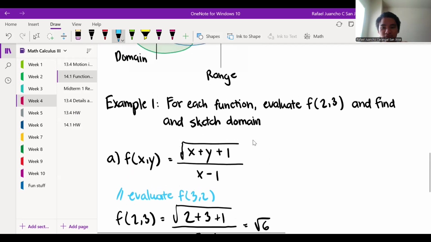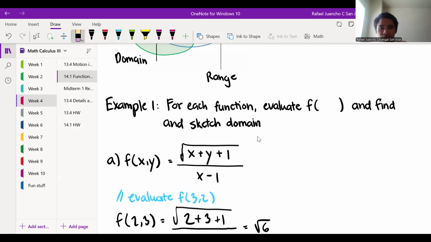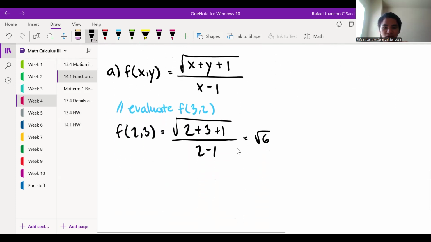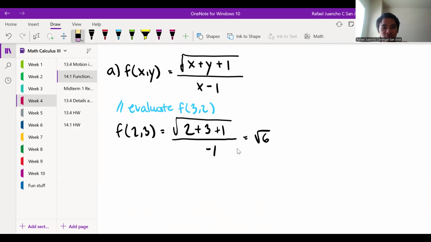So I messed up the question. Yeah, it's 3 comma 2. And from here, I just switch up the numbers. So I got 3 here, I got 2 and 3 here, or 3 and 2. Then I get square root of 6 over 2. I checked the answer key, I was like, why is this wrong? Okay, done.